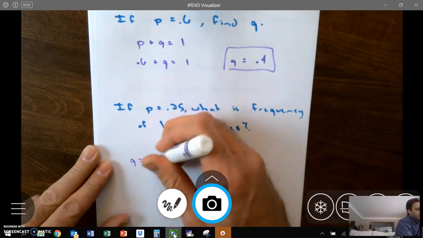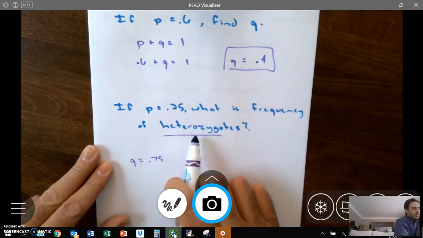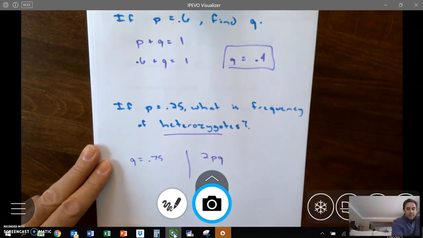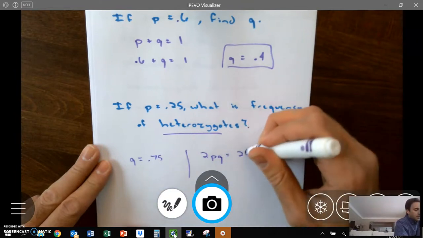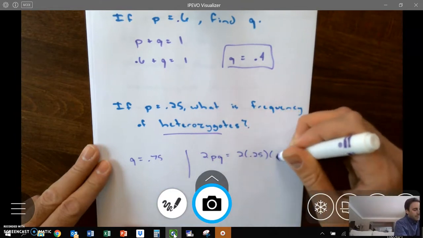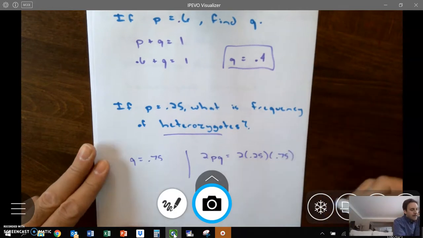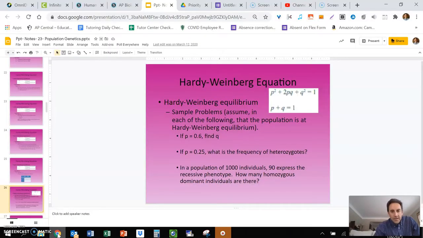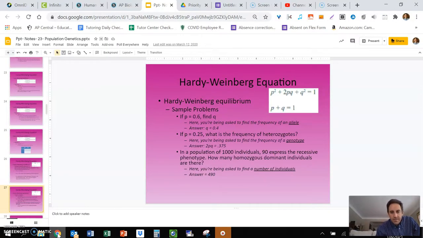Now the frequency of my heterozygotes is going to be 2PQ, based on what we just discussed, and that's going to be 2 times 0.25 times 0.75. And that is going to equal a number, hopefully 0.375. There are answers on the slideshow there. So if you do the math, I'm going to trust myself that it is 0.375. So that's the frequency of the heterozygotes.